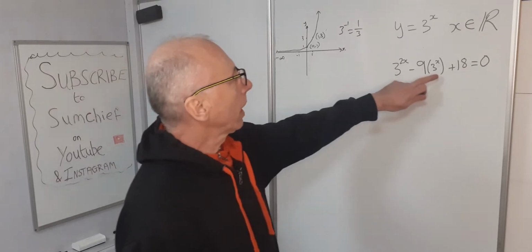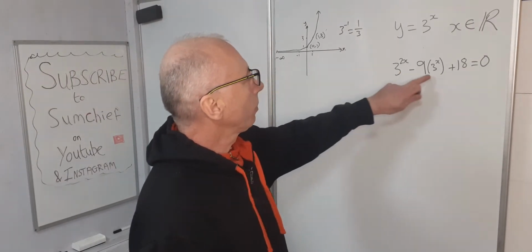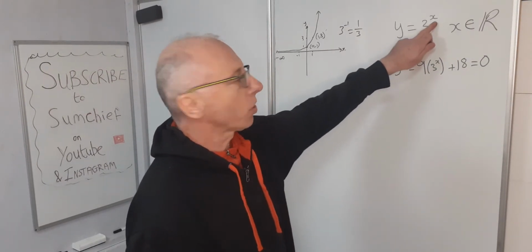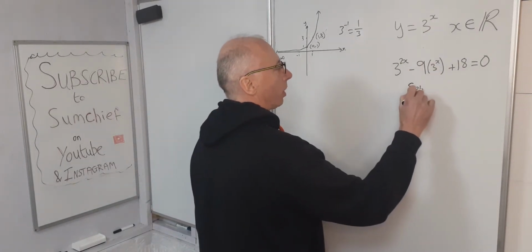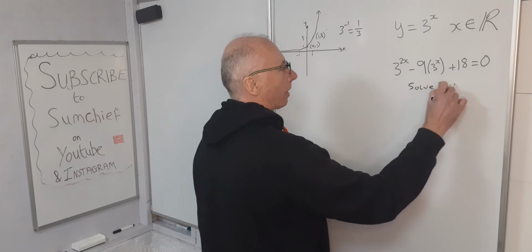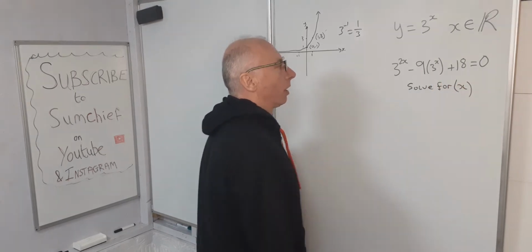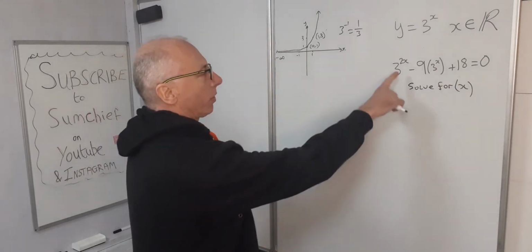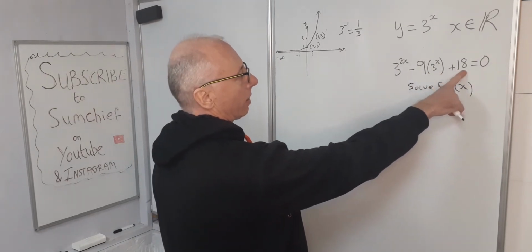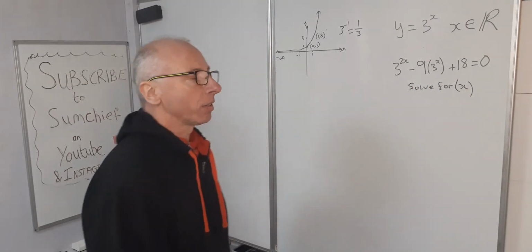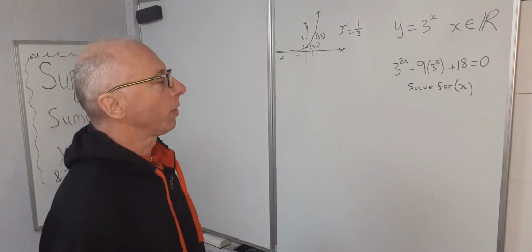So now we need to work out this equation here. Now we want to solve for x. Okay, so we've got 3 to the 2x, 3 to the x, and essentially 3 to the power of 0 there, because 3 to the power of 0 is just 1.